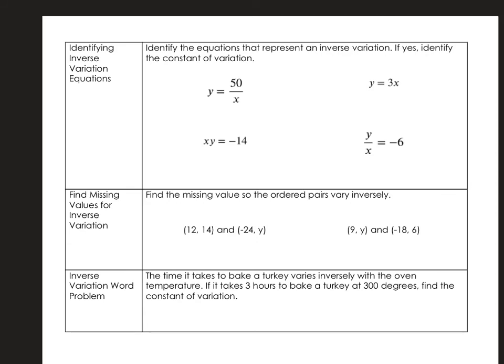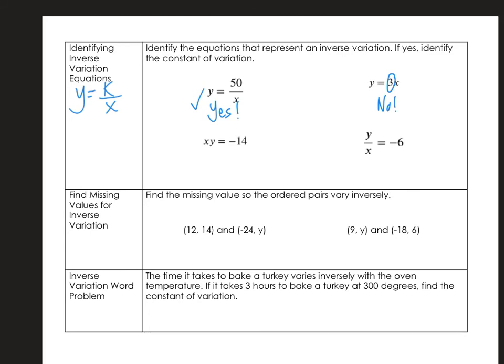So we're going to identify if these are inverse variations. So this first equation is, because it's set up in the right format, because remember our format is y equals k over x, and this one is, so yes, it's inverse variation. This one right here is direct variation, so no, this is not inverse variation.